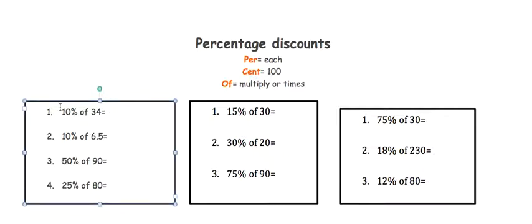Okay, so another way of looking at this is turning this percentage into a decimal. Now, remember, fractions, decimals, percentages, they are all the same, but they're just different representations of exactly the same thing. Okay, so 10%, if we were making a decimal into a percentage, we multiply it by 100.